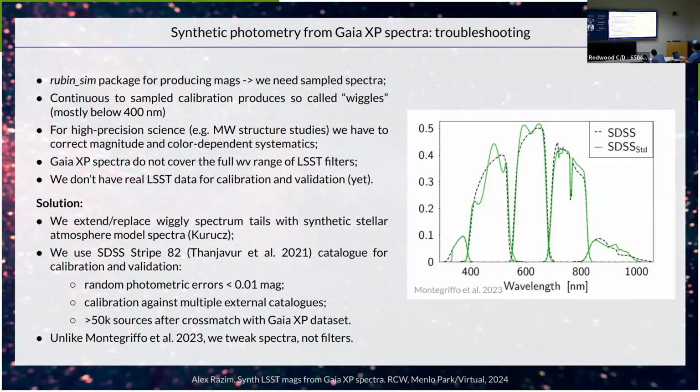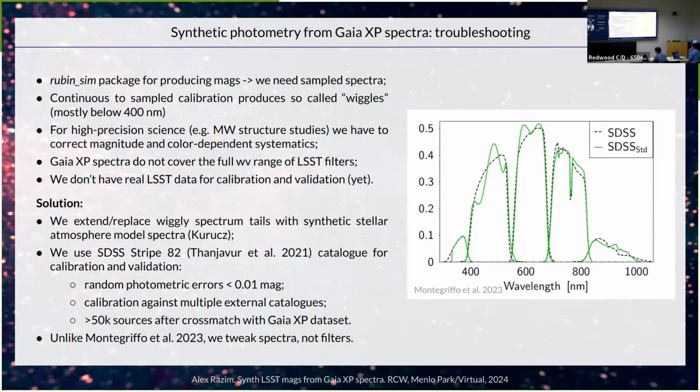You can believe that it's Gaia that is more biased or that it is SDSS, but we would like to take our ground-based observations as ground truth, because for ground-based observations we can fix our instruments if we detect some biases, while Gaia is in space. So whatever is wrong there is essentially unfixable. The Gaia XP team tweaked the SDSS filters, but we cannot do this. We need to fix the spectra itself.